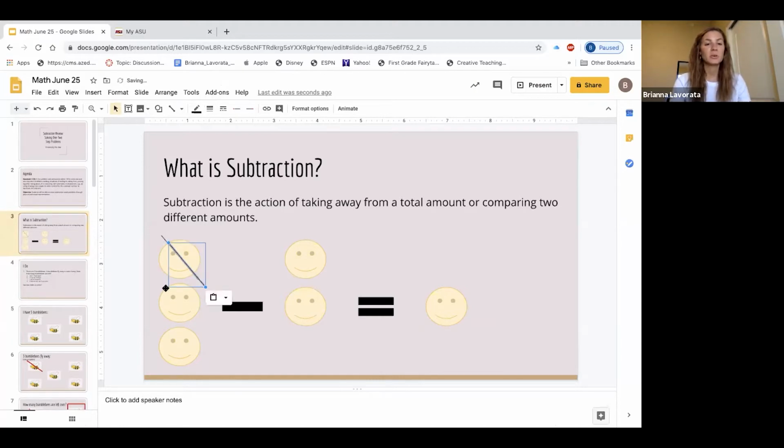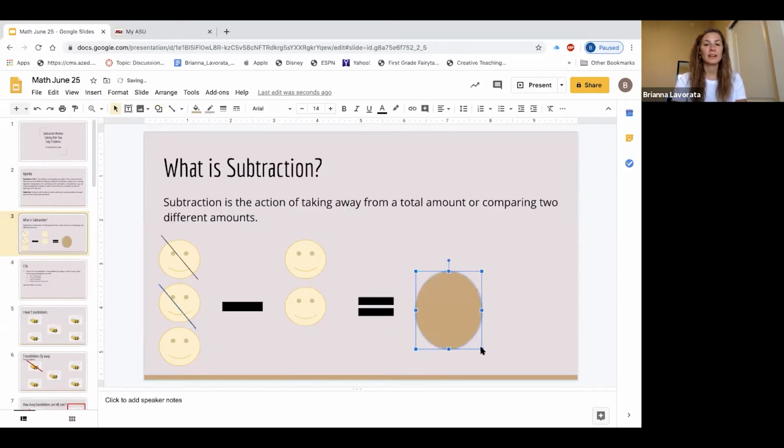And then we're also going to cross off another smiley face, okay? So I just took away 2 smiley faces, right? Now I'm left with 1 smiley face, which is right here.